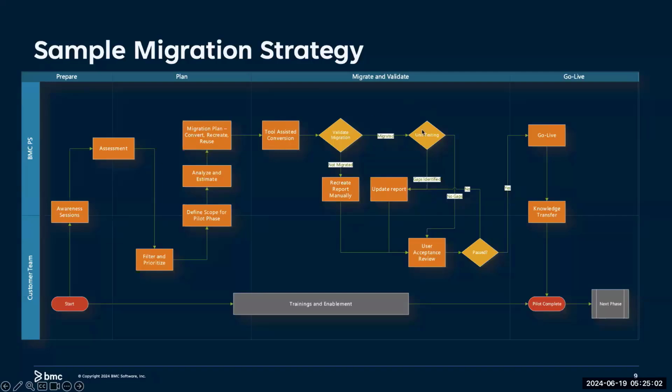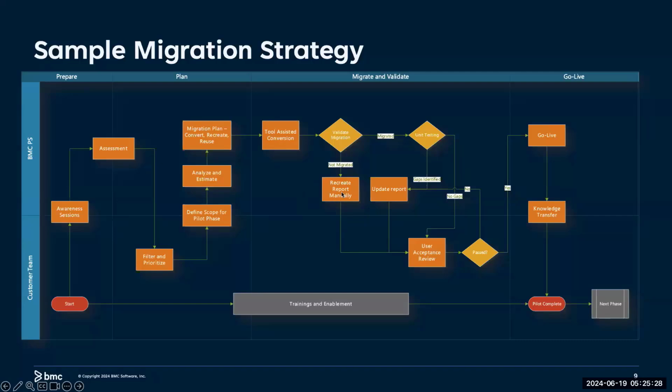Some of the reports will not be able to convert in an automated fashion. So these reports need to be recreated manually, just like the others that you may want to recreate for other reasons. We'll talk a little more about when we may want to recreate.